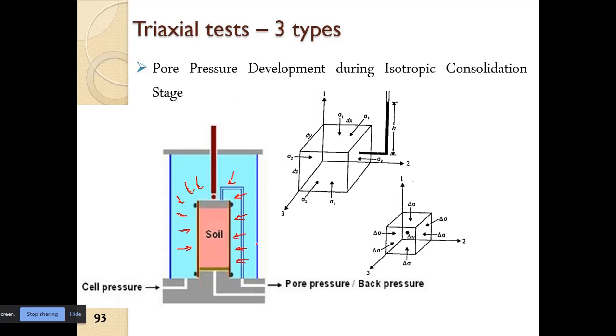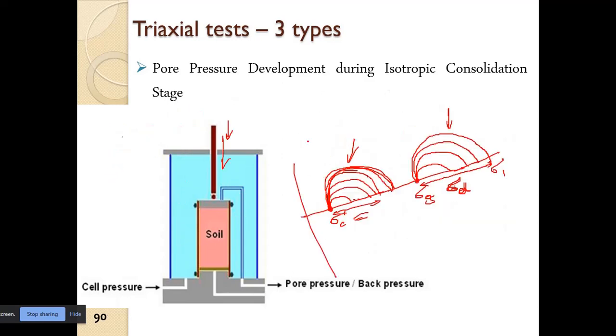So the pore pressure development, delta U, is always in sync with delta sigma c. If we increase the cell pressure, pore pressure will increase. If we decrease the cell pressure, pore pressure will decrease.